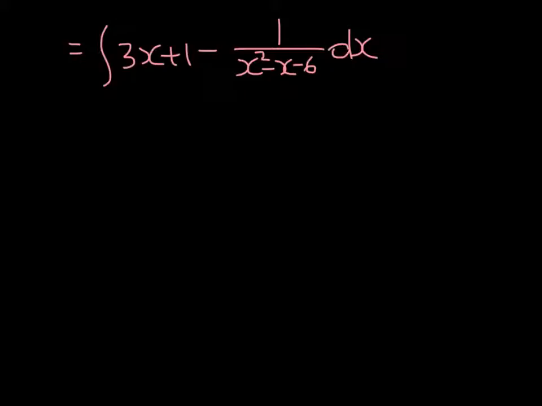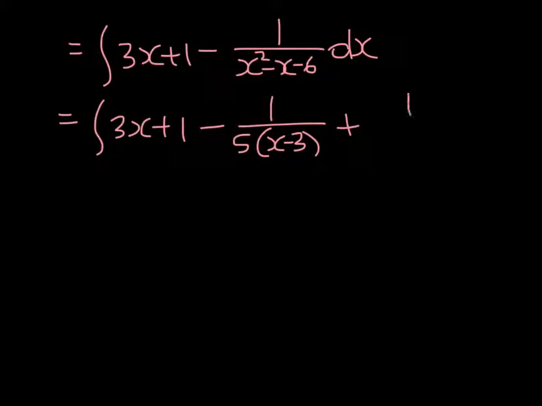Now we can take the integral that we had earlier and rewrite it again as the integral of 3x plus 1 minus 1 over 5 times x minus 3 plus 1 over 5 times x plus 2 dx.